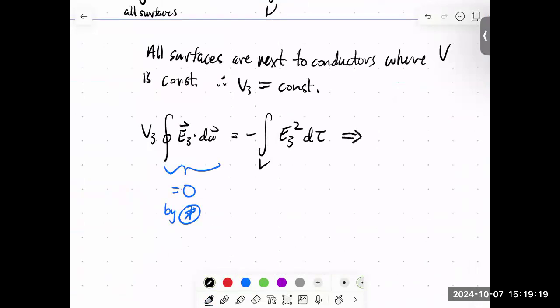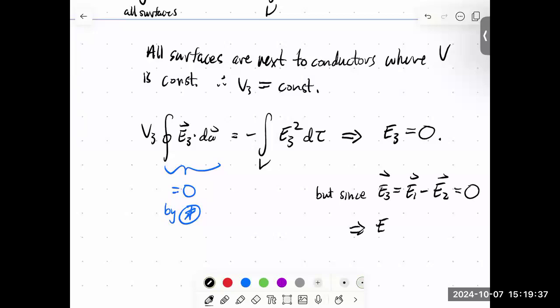And so therefore, E3 is equal to 0. But since E3 is equal to E1 minus E2, and now we're saying that has to be 0, it follows that E1 is equal to E2, which means there's one and only one unique solution.